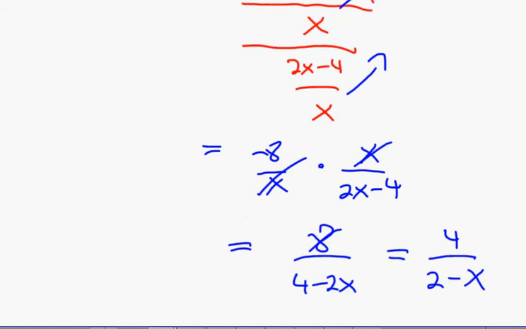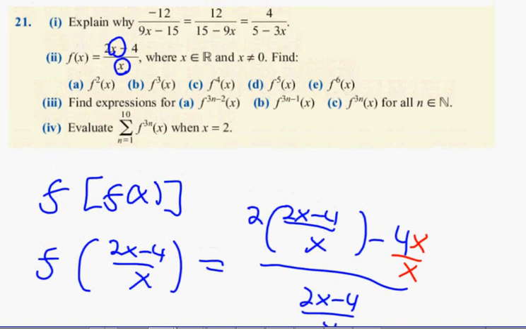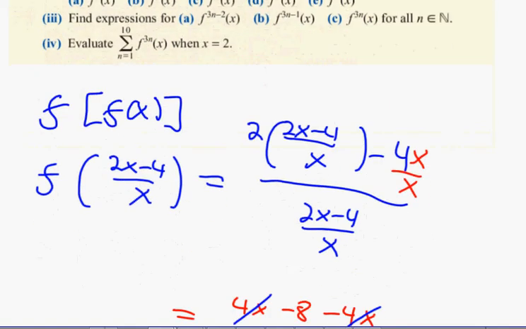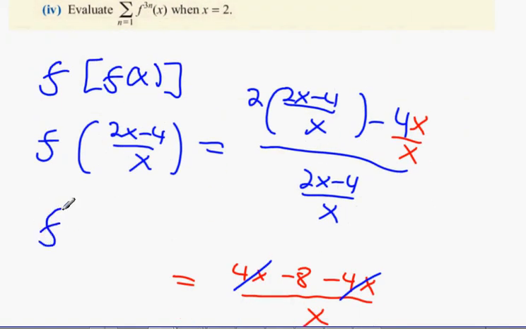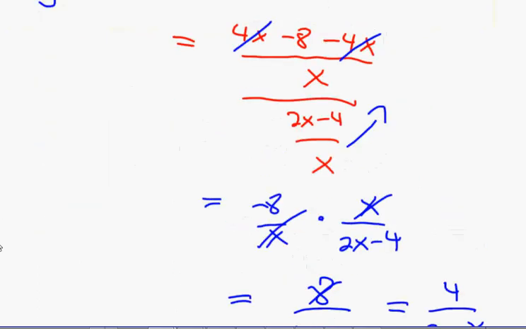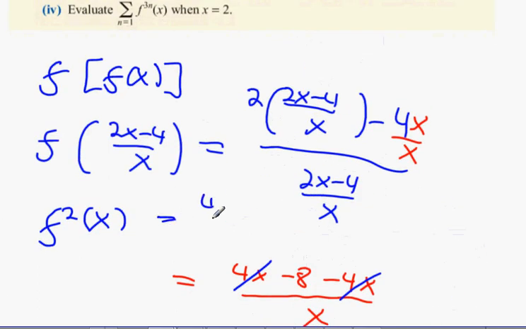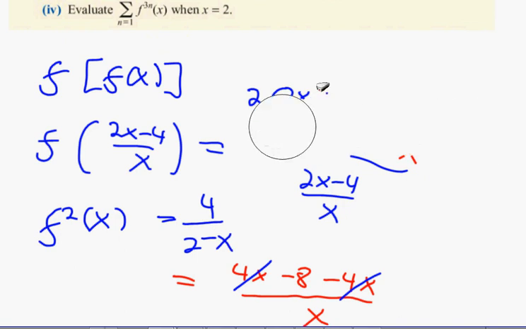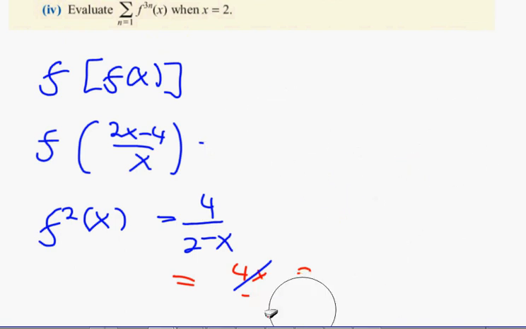So, f2x is going to be 4 over 2 minus x. Now guys, there's a problem with this now. We now have to find out what f3x is. f3x is done this way.